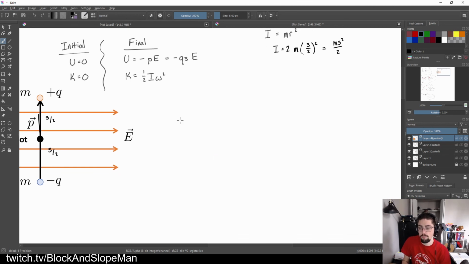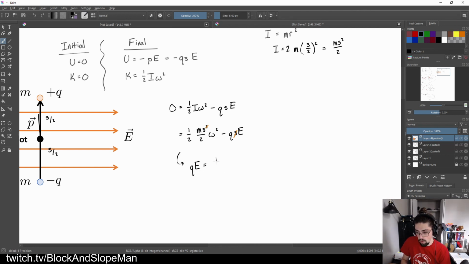So let's put all this stuff together. 0 is equal to 1/2 I omega squared minus Q, S, E. Plug in what I just found for I. Let me divide by S. That'll make this a little bit easier. So cross out that one and that one. And then I'm going to move the QE to the other side and combine some things.